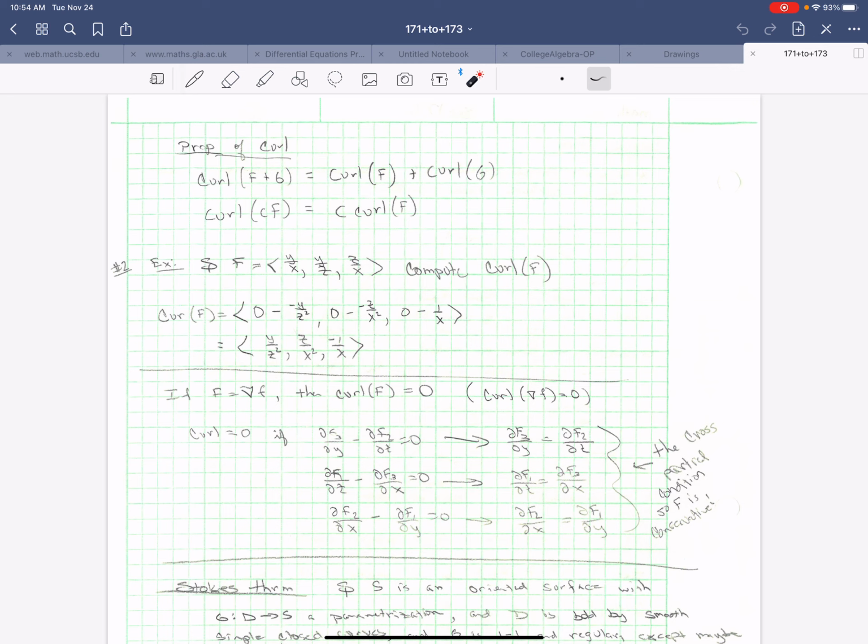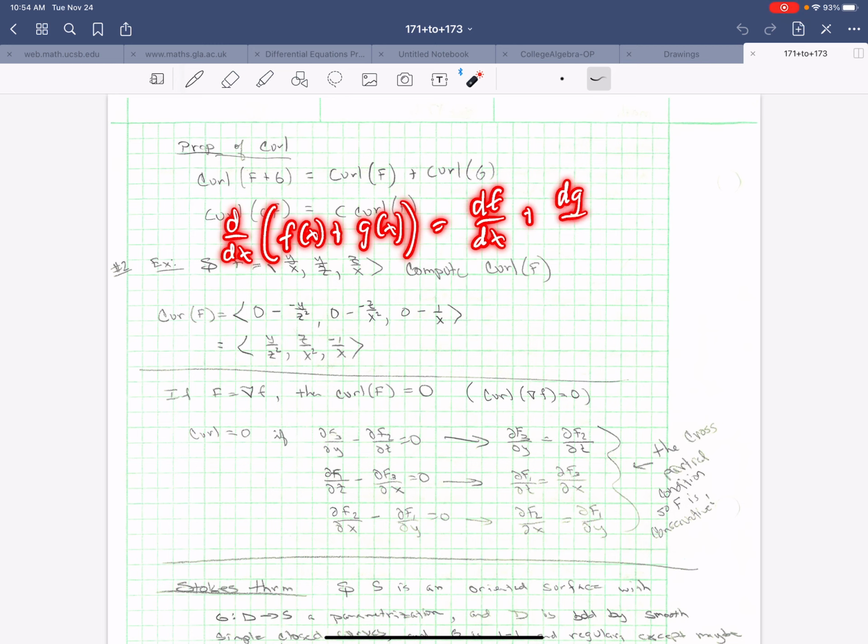And so just like the derivative, we want to know, is curl additive? Like, can we break it up over addition? And this rule here says it is. This is just like d dx of f of x plus g of x is df dx plus dg dx. Or you break it up.